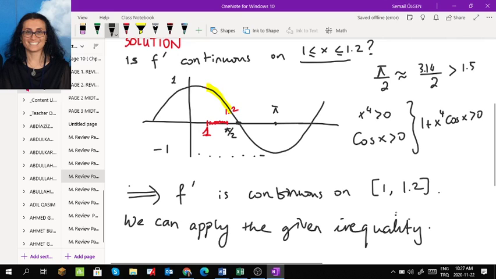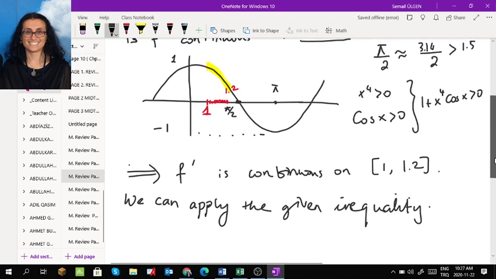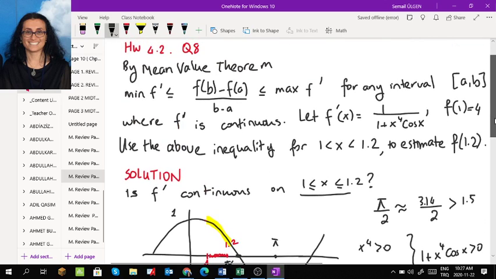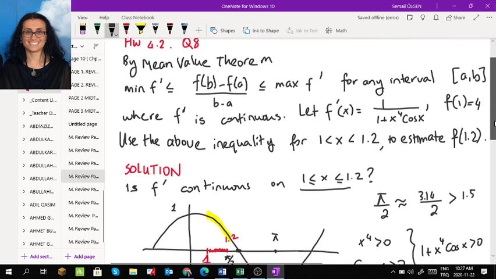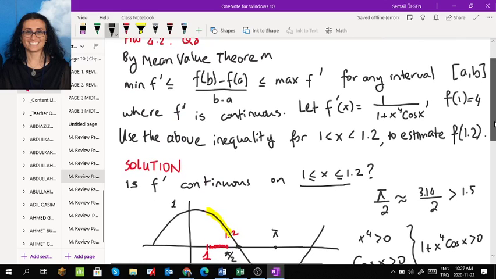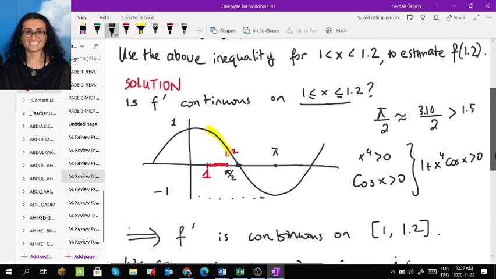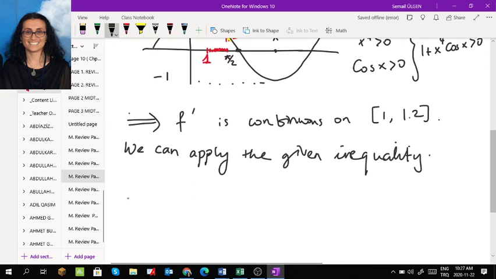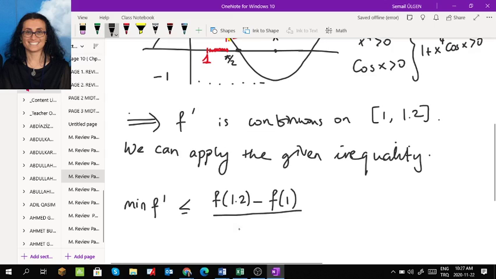So if you apply it, you just copy. It says minimum f prime, maximum f prime, and this mean value ratio is squeezed in between. So let's write minimum f prime is less than or equal to f of b minus f of a, that is f of 1.2 minus f of 1 over 1.2 minus 1, less than or equal to maximum f prime.